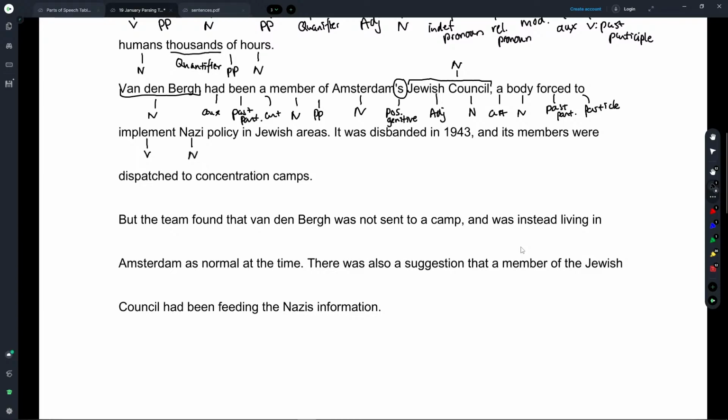Awkward. Policy, noun. We could also say that Nazi is our adjective because it says something about policy. It's a specific type of policy. So Nazi is our adjective, noun, policy, in, preposition, Jewish, adjective, and areas, noun.